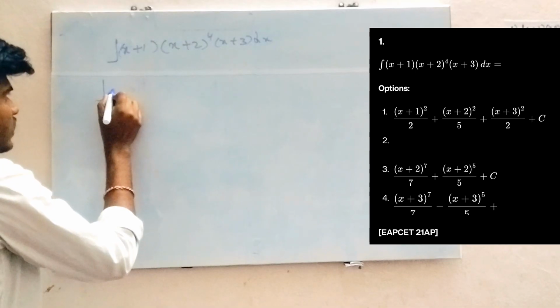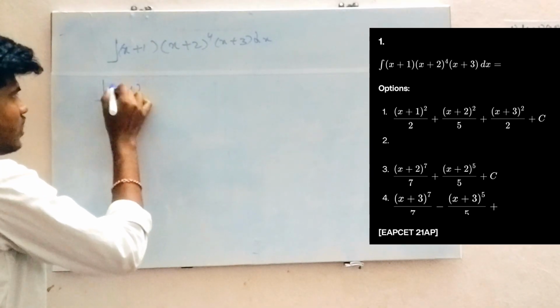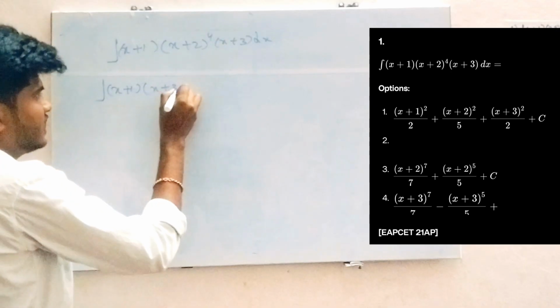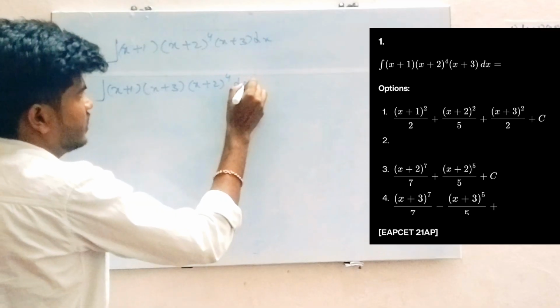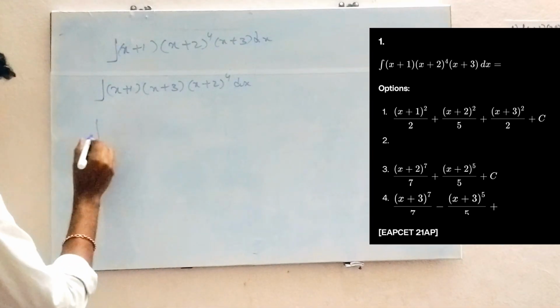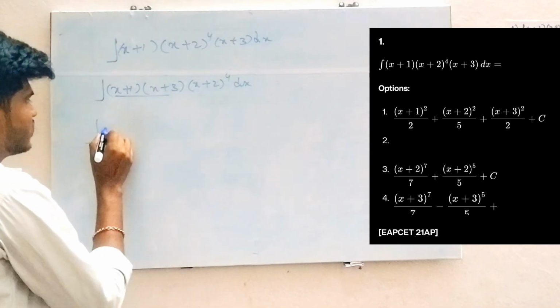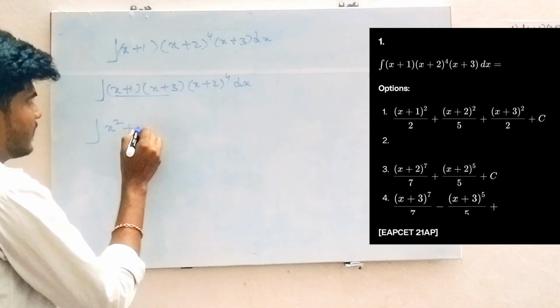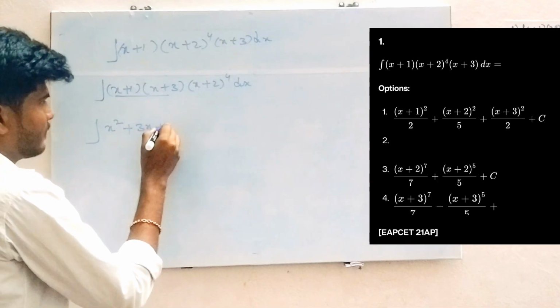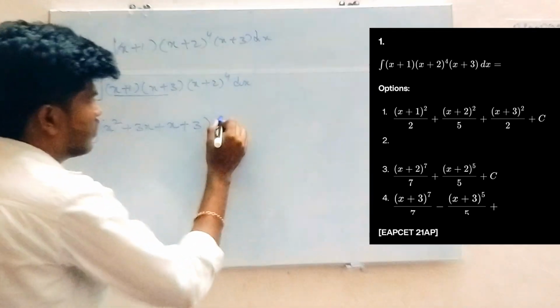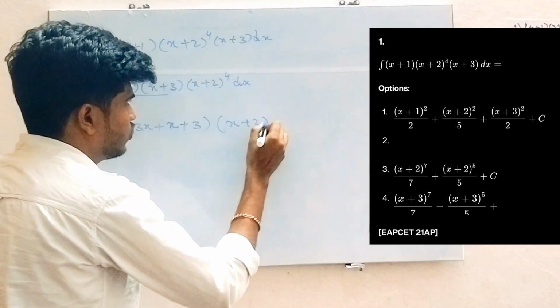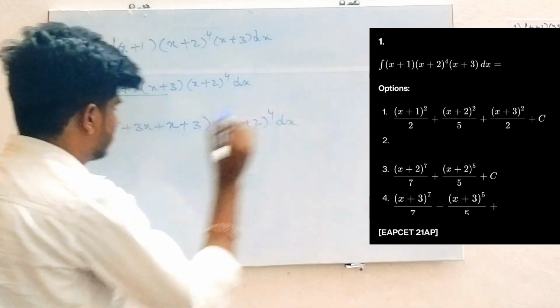We write (x+1) and (x+3) multiplied by (x+2)^4 dx. Now multiply these two terms: x square plus 3x plus x plus 3, multiplied by (x+2)^4 dx.